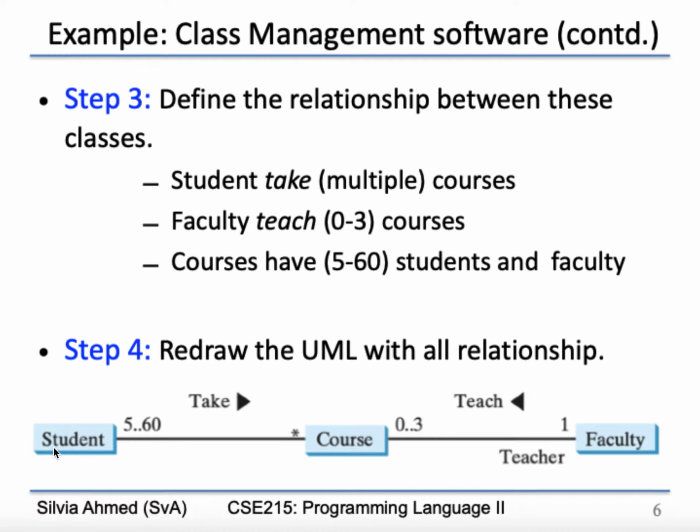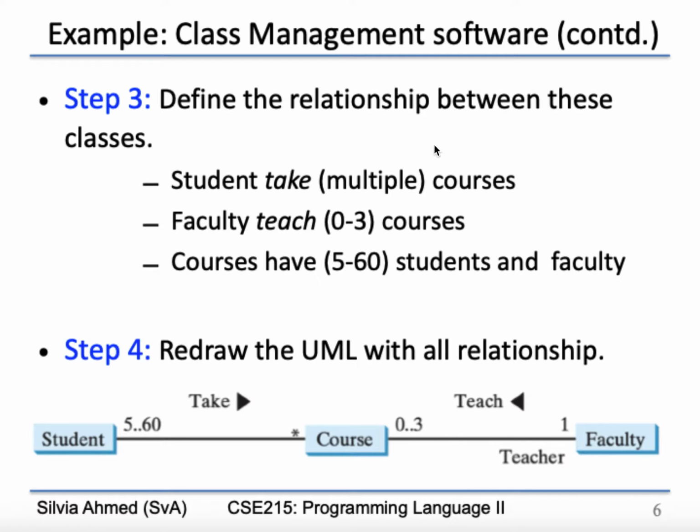When we want to express that two classes are related, we simply connect them with a straight line. So a straight line between student and course class means the student and course classes are related. Similarly, there is a relationship between course and faculty, so there is a straight line between the course and faculty classes.